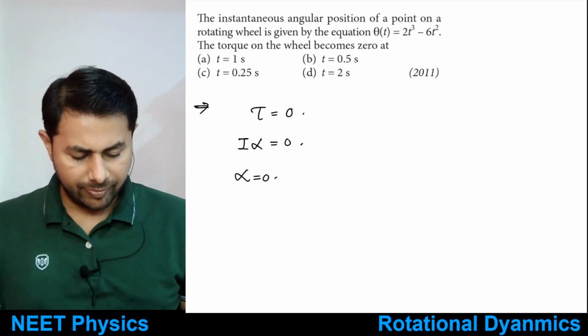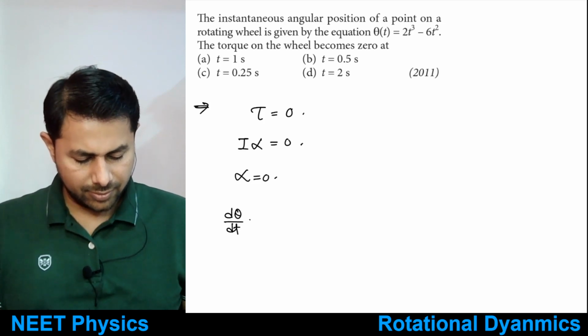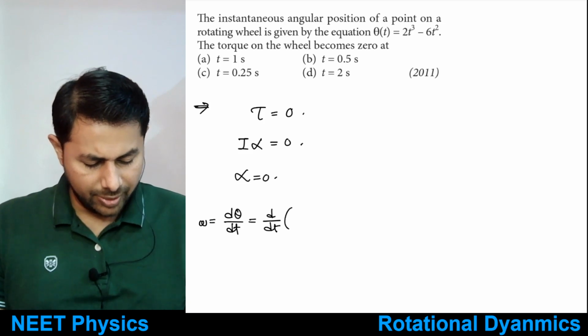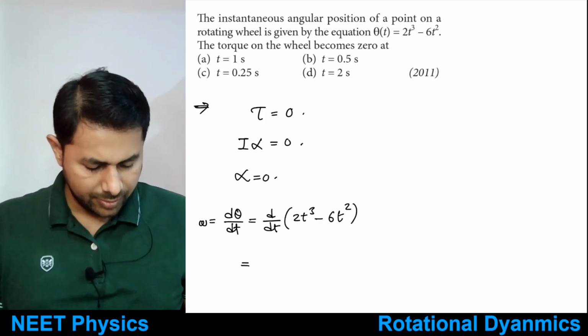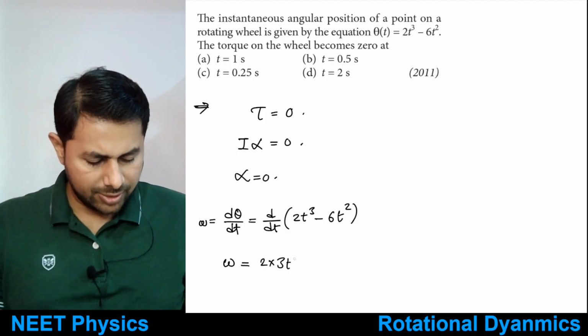So let's do that. Omega is d theta by dt, that's d by dt of 2t cube minus 6t square. So omega is equal to 2 times 3t square minus 6 times 2t.